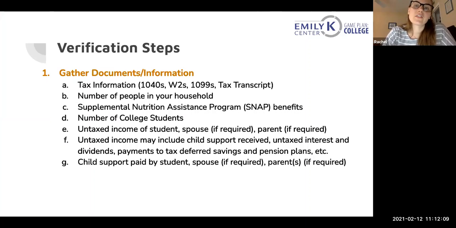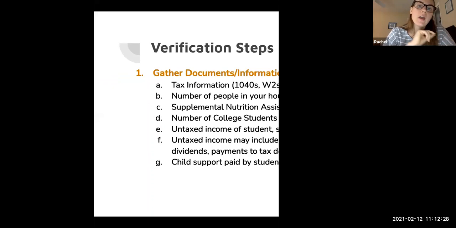And then they're going to ask for supporting documentation. So some common supporting documentation is tax information. This includes both the 1040s, so the actual tax forms from the IRS, W-2s, which your parents or you get from your employer, 1099s, potentially a tax transcript, which you have to order from the IRS.